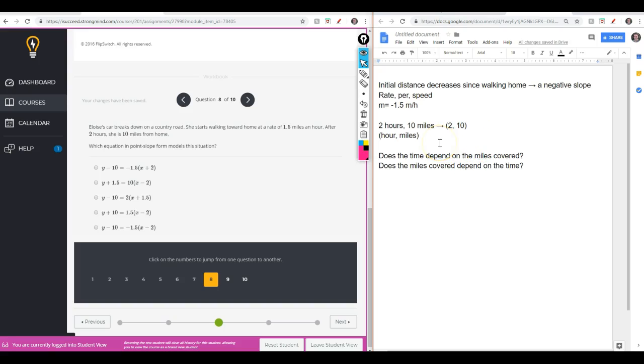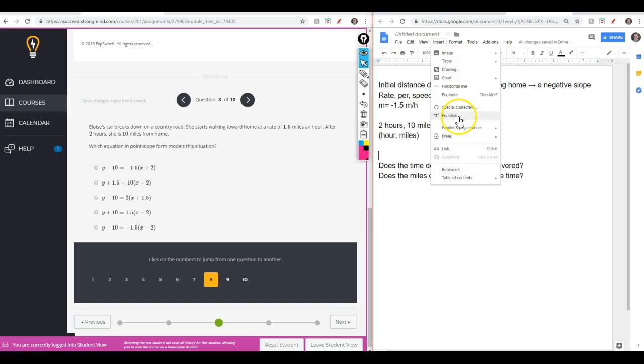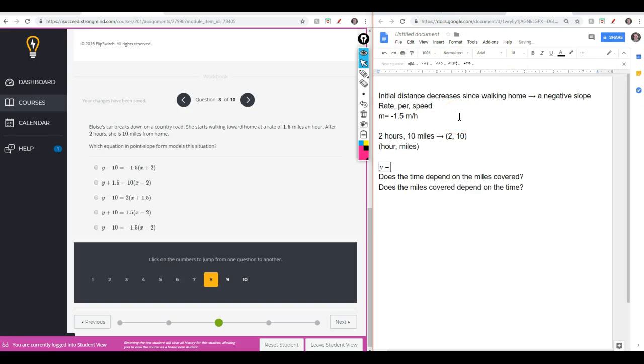So when we use the equation for point-slope form, we have y minus our initial y coordinate is equal to our slope times x minus the initial x coordinate.